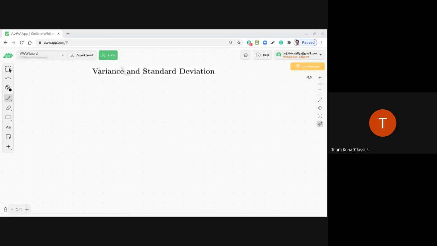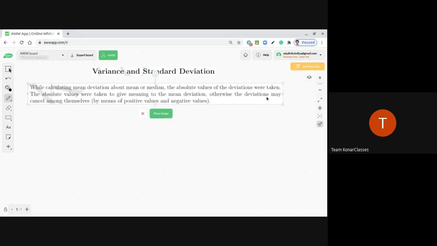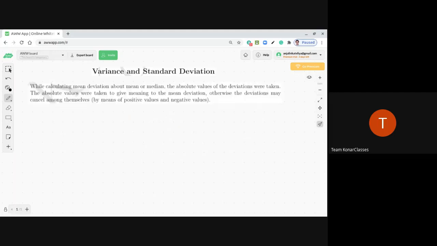Now, before we start variance and standard deviation, let's revisit whatever we have learned in the mean deviation. So the fundamentals of mean deviation. While calculating mean deviations about mean or median, one thing we have noticed is that the absolute value of the deviations was taken, correct?